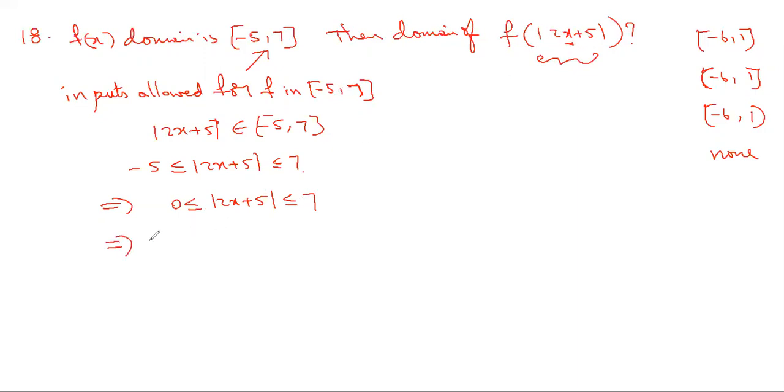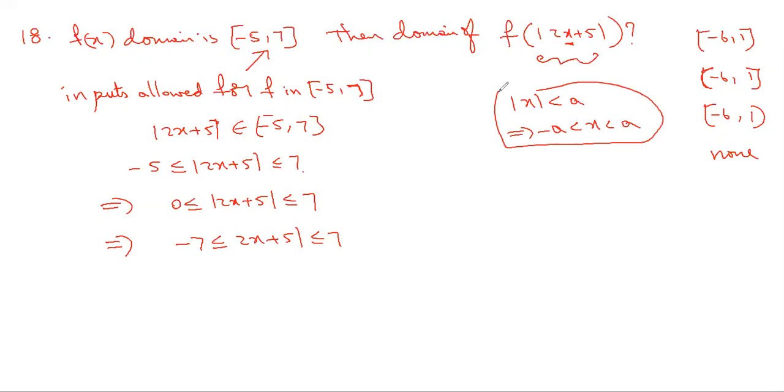So you can take x values such that |2x + 5| is between 0 to 7. We know how to simplify this. -7 ≤ 2x + 5 ≤ 7. We know this inequality: |x| < a implies -a < x < a, a well known property from linear inequalities. Now you can remove the modulus directly from 2x + 5.